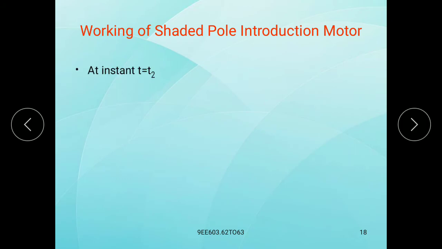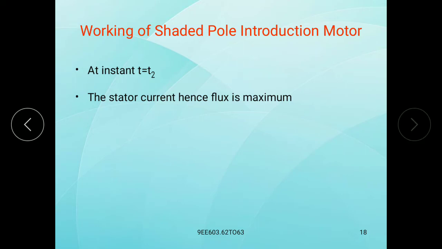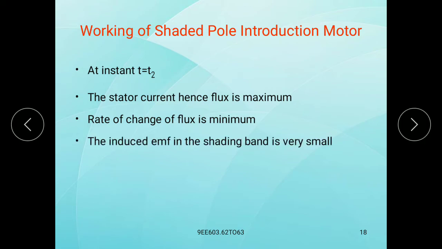At instant t is equal to t2, the stator current, hence the flux, is maximum. The rate of change of flux is minimum, and the induced EMF in the shading band is very small.